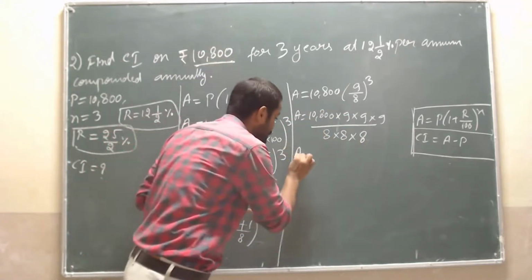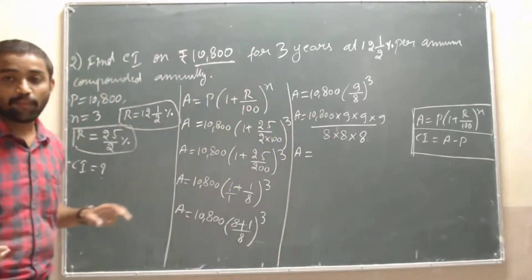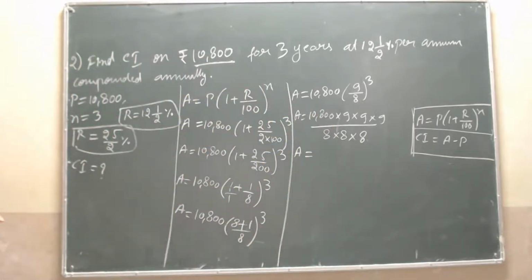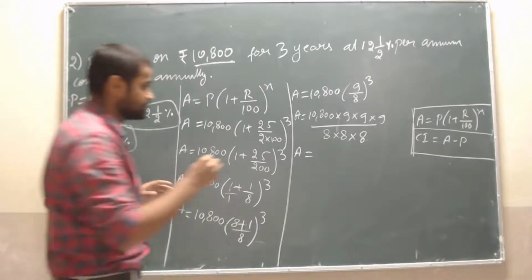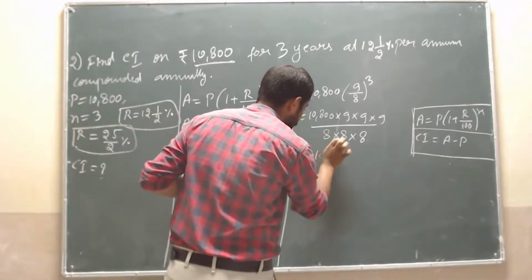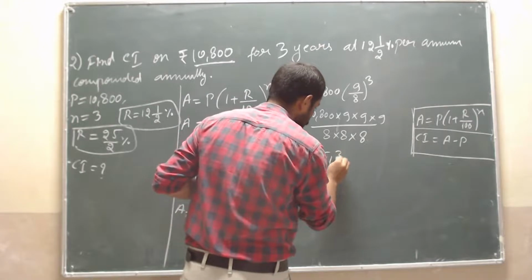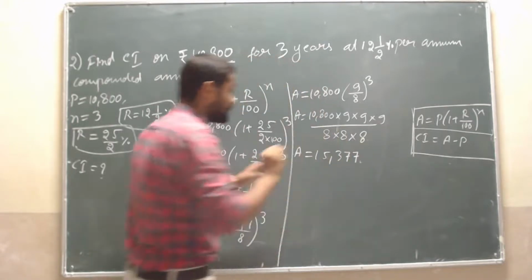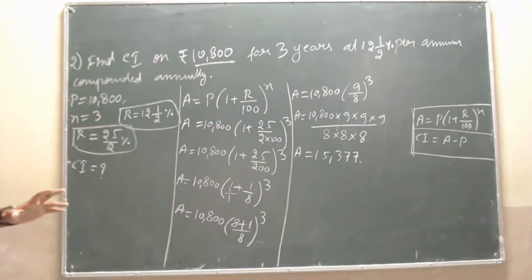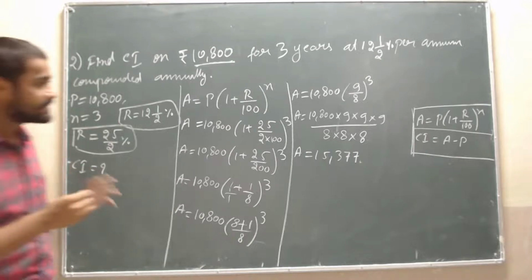And what we will get, students? Comment me here. Amount is equal to what we will get? Use your calculators and solve it. 15,377.3438.